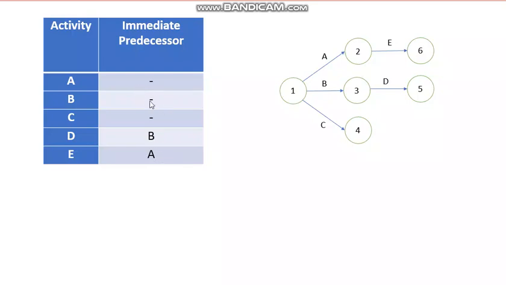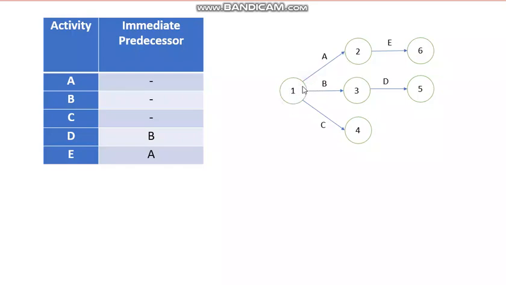A, B, C are not depending on anything, and D is depending on B, E is depending on A. Now these are not events as in the earlier table. These are activities. Activity means A will not be in the circle; A will be here. This is the activity A.